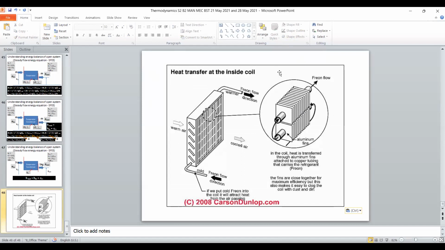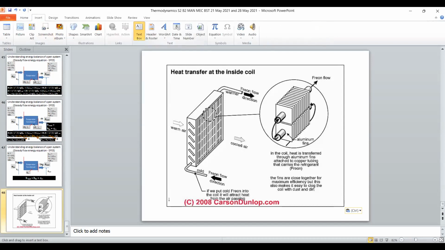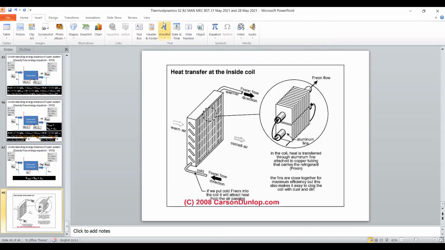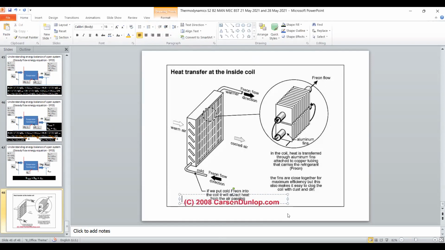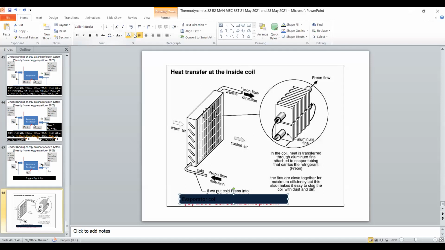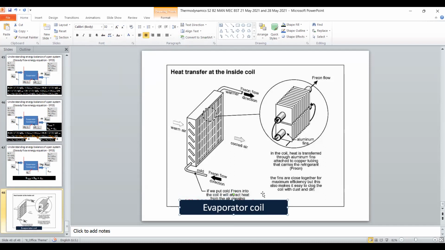Evaporator coil inside. Yeah, this is the evaporator coil.